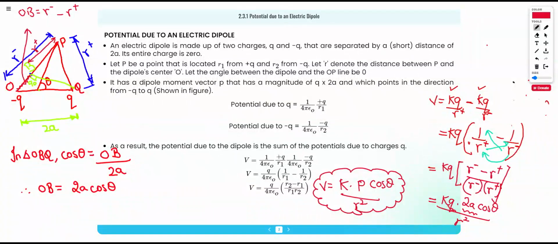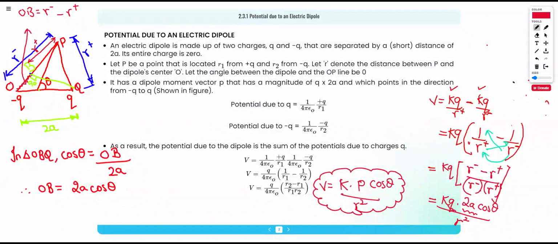The distance between minus q and P is R minus. The distance between plus q and P is R plus. I am just shifting this part here because of some hacks which we are going to use further.